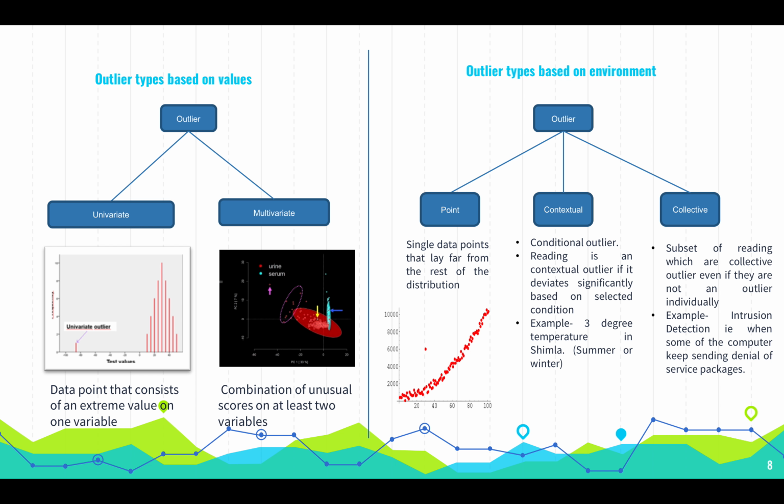Clearly, the third one is an outlier. It might not be an outlier individually, but the combination of experience and salary is an outlier. That is why it's a multivariate outlier.